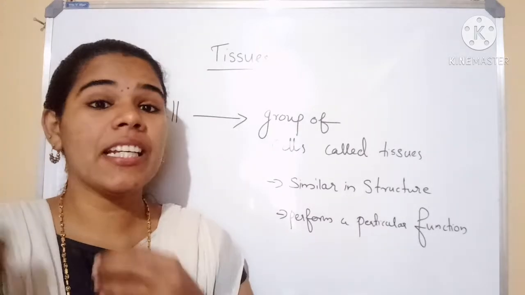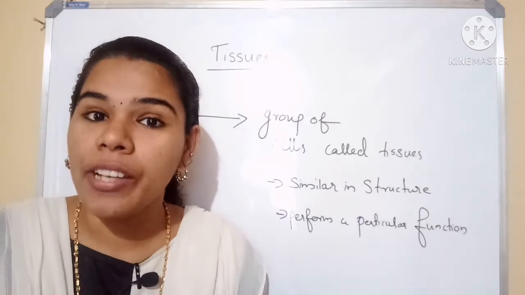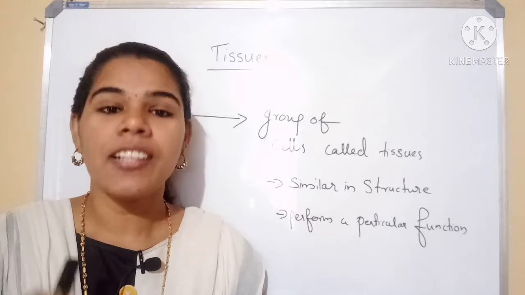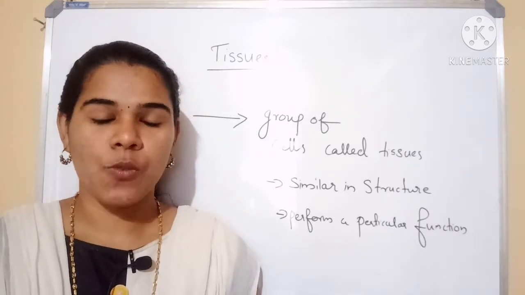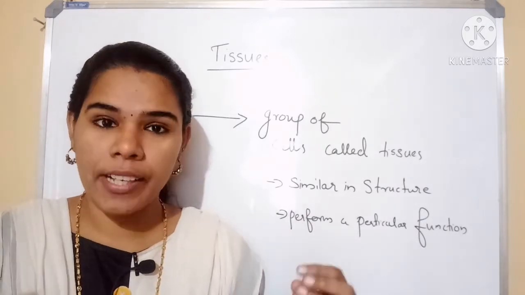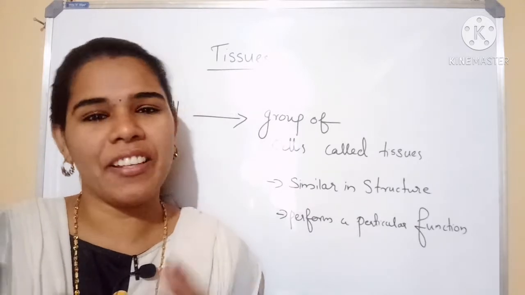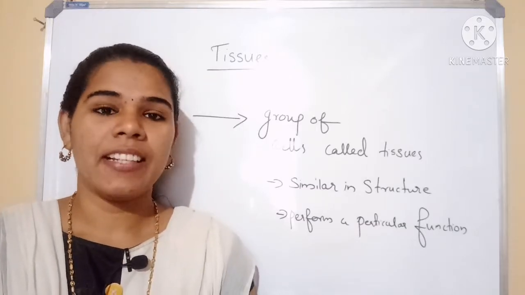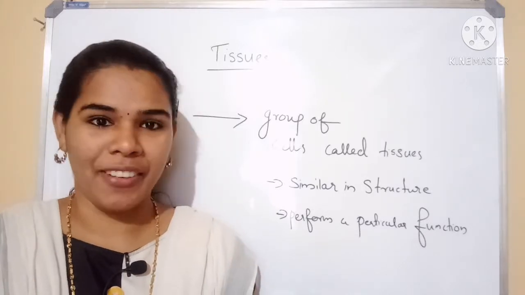Each part of our body may have different tissue according to its function. When we take different organs, each organ's tissues are different according to their function, because their structure is also different.